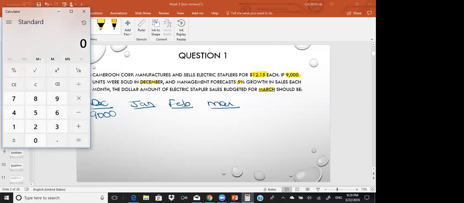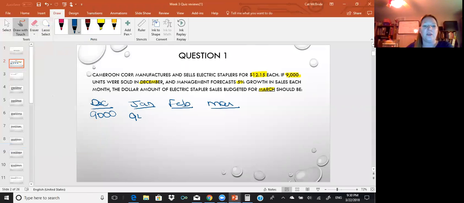Multiply the 9,000 by 1.05. Yep. 1.05. So in January, it's going to be 9,450.